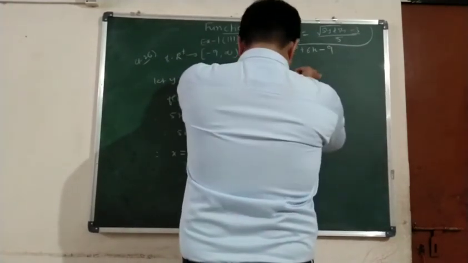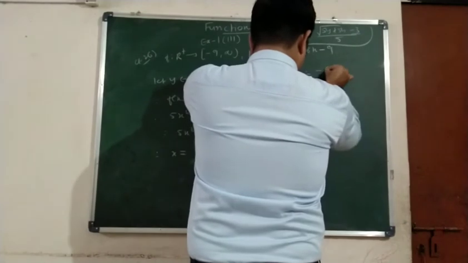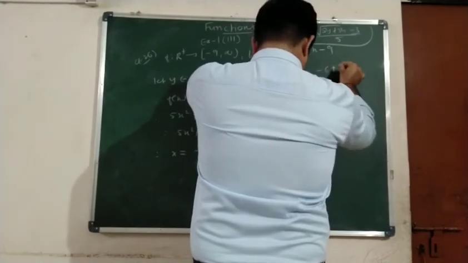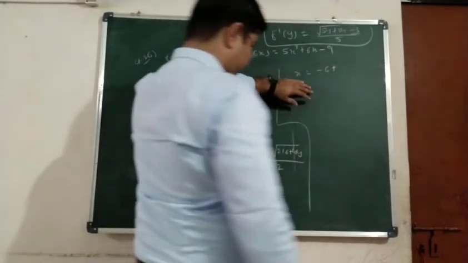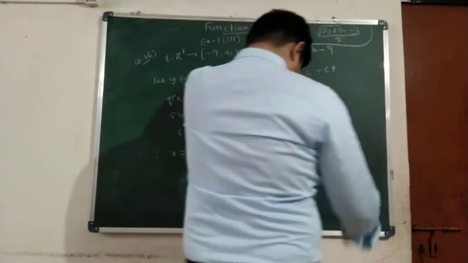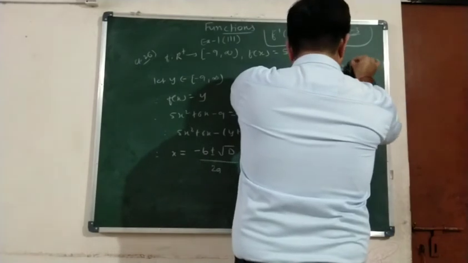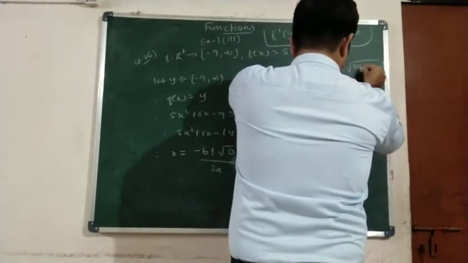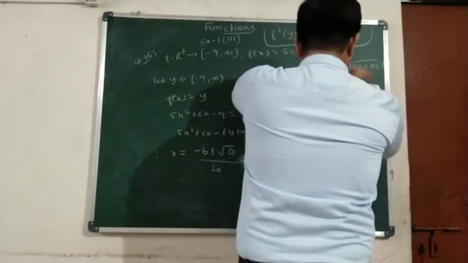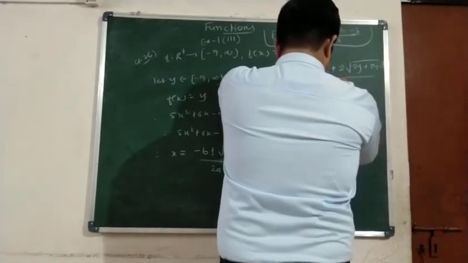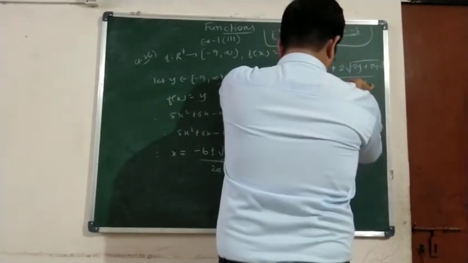Therefore x is equal to minus 6 plus, from both the terms if you take 4 common, so square root of 4 will be equal to 2, and inside the bracket is left 5y plus 54, upon 5 into 2.